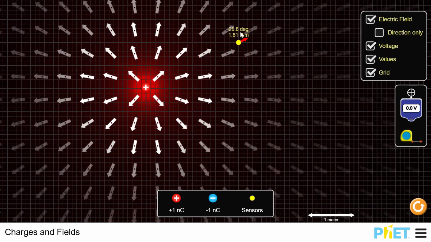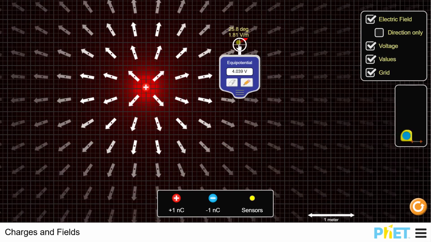And also we can see the potential value, that is 4.034 volt. So this is the potential due to the positive charge.